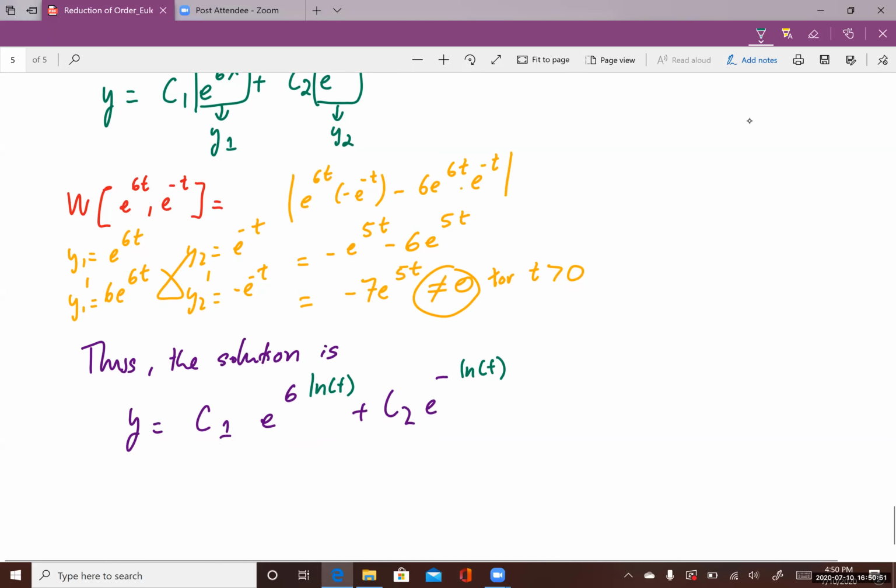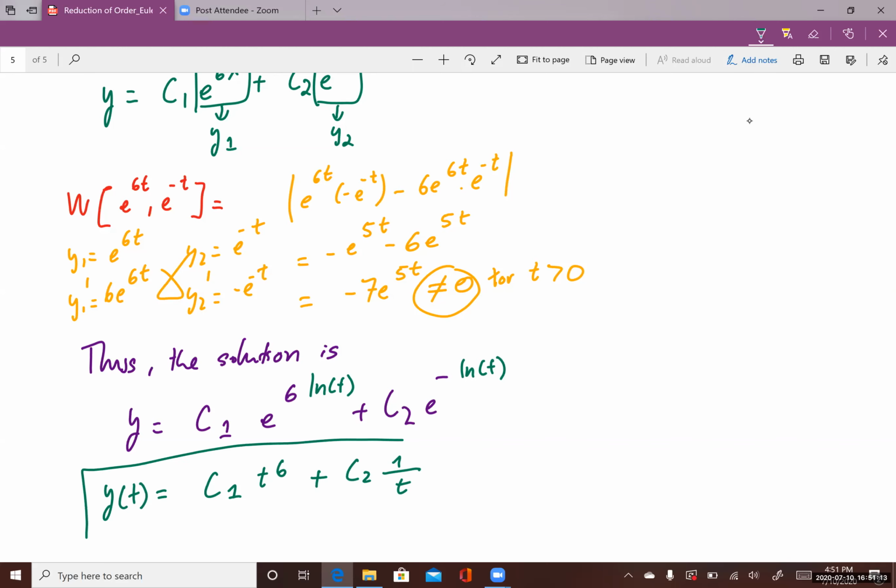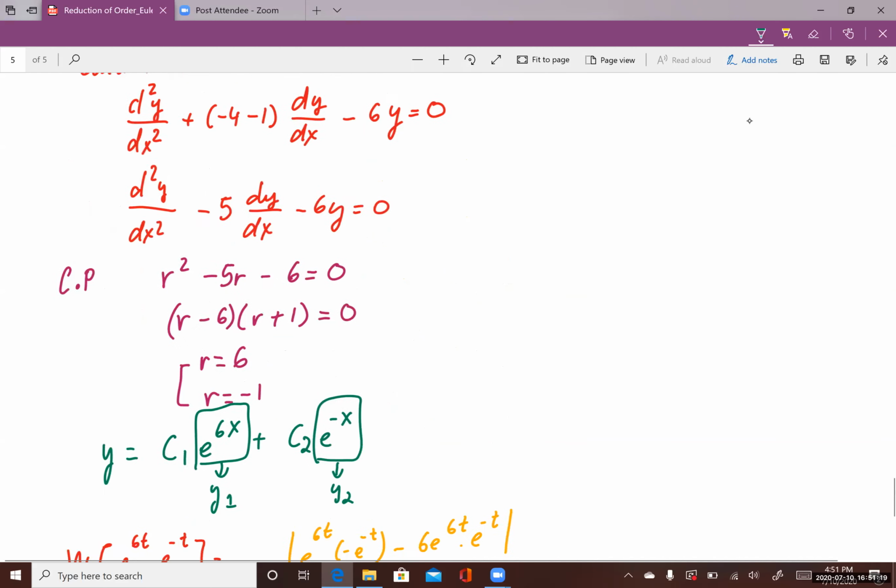And then you can simplify it. Actually, it's going to be c1 e to the ln t to the 6, so t to the 6, plus c2 e to the ln t to the -1, so c2 times 1 over t. So this is y in terms of t, and it is the general solution to the differential equation.